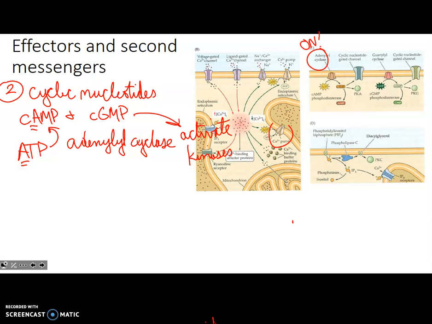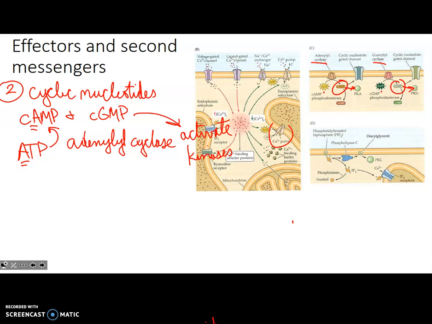And so you've got in the diagram over here, guanylyl cyclase or adenylyl cyclase, the enzymes stuck in the cell membrane. Right? And when these enzymes are on, they take ATP and GTP and convert them to cyclic AMP and cyclic GMP respectively. And now these molecules can go off and have other effects, right? Typically activating kinases. Not all the time.